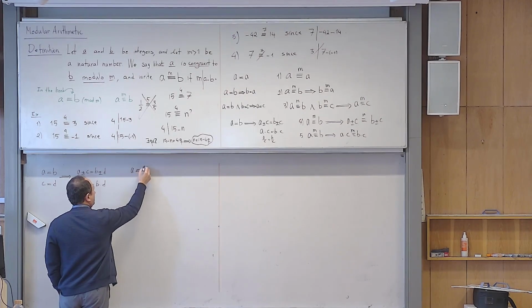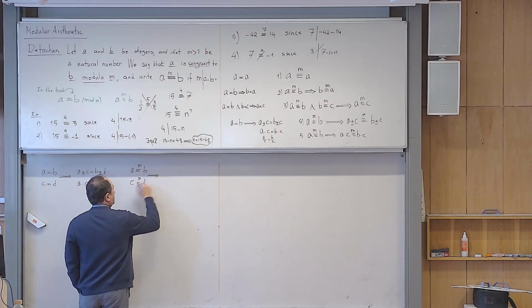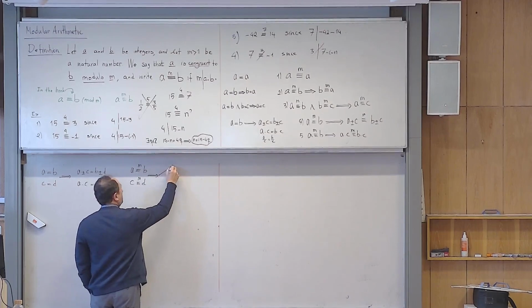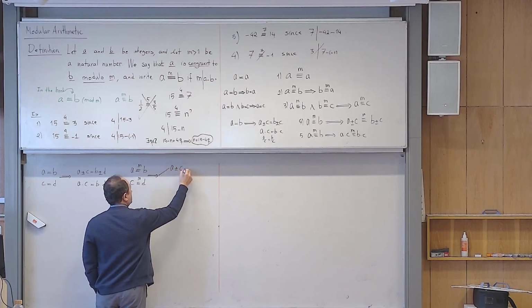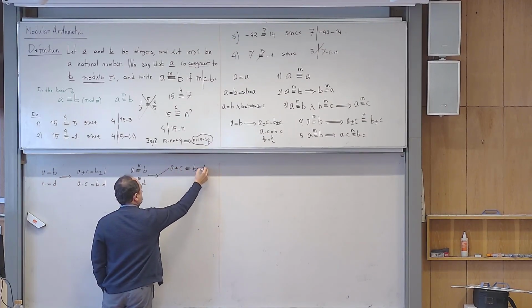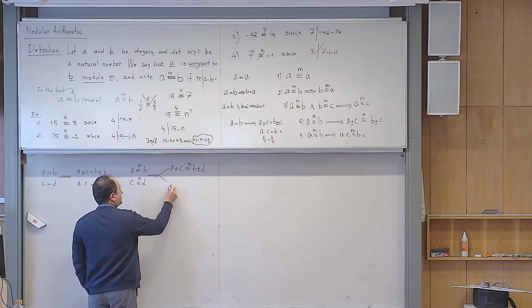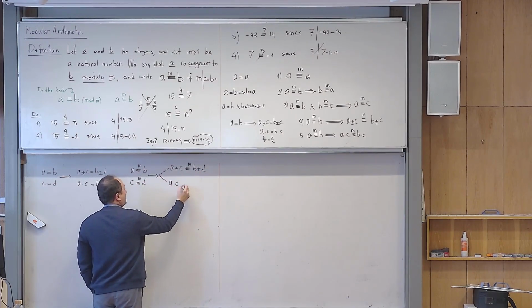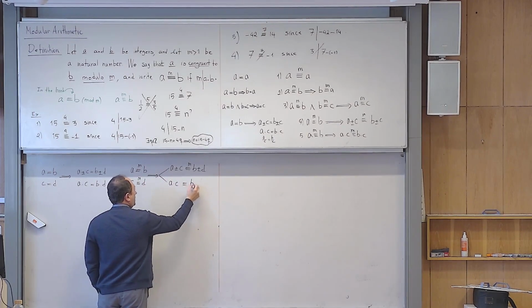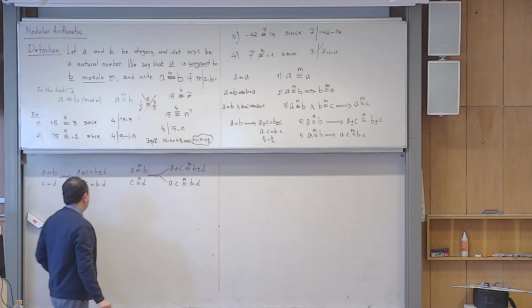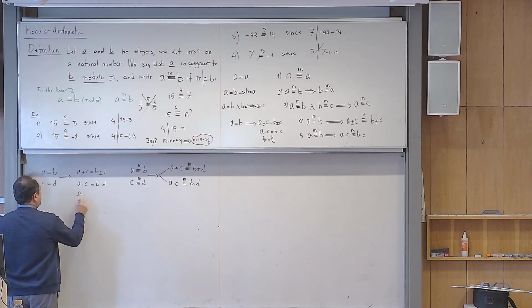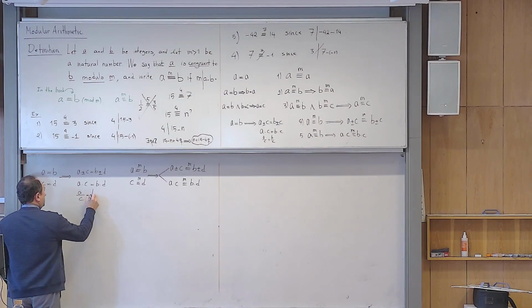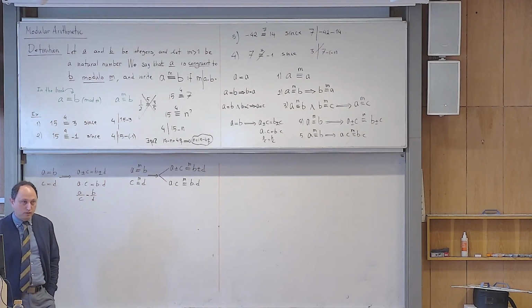So if I have A congruent to B modulo M, and C congruent to D modulo M, you can conclude all of them if you want to. You can conclude that A plus or minus C is congruent to B plus or minus D modulo M. You can also conclude that A times C is congruent to B times D modulo M. But again, here the division is also allowed if they are not 0, but for congruency division is not allowed, for the same reason that I told you before.